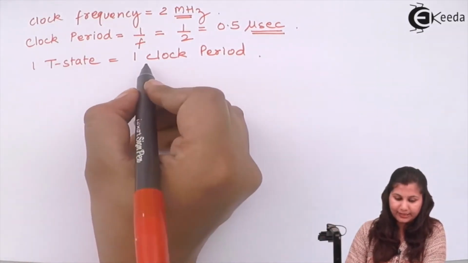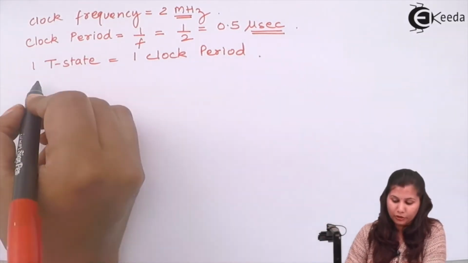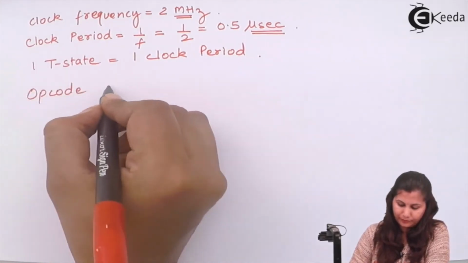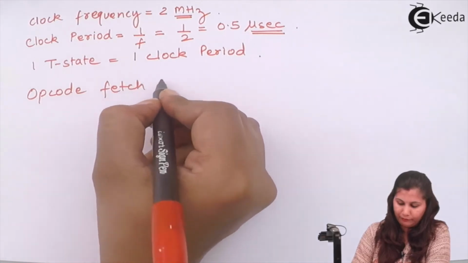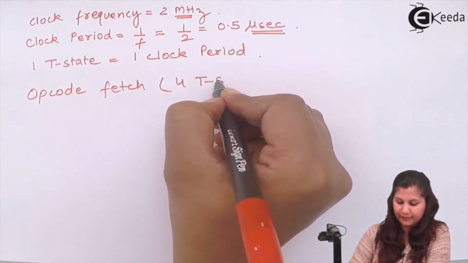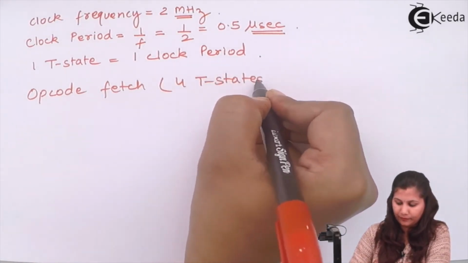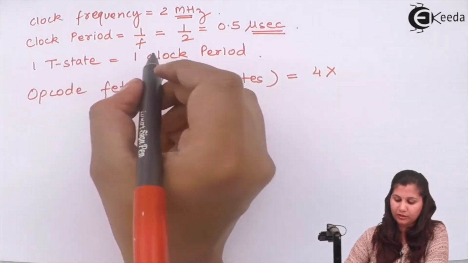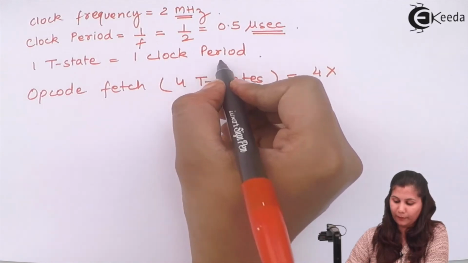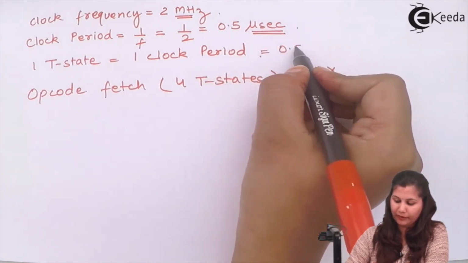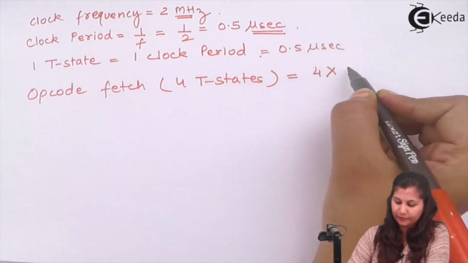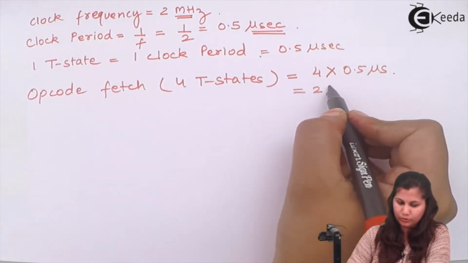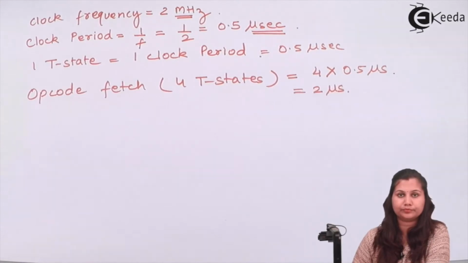Now 1 T state is equal to 1 clock period. So for opcode fetch we required 4 T states, so we multiply 4 with the 1 T state, that is 1 clock period, or 0.5 microseconds. So it will be 2 microseconds.